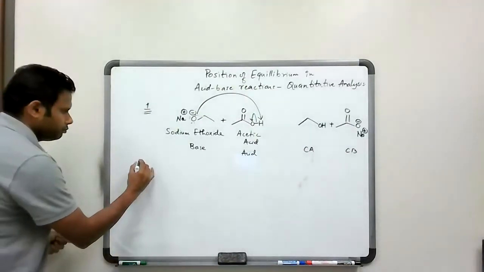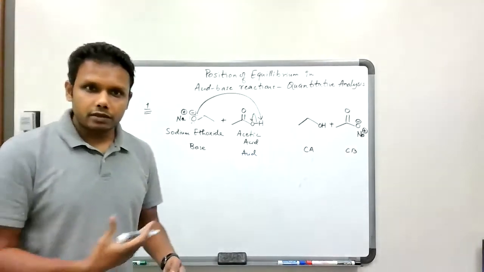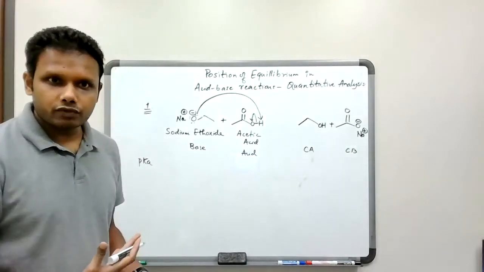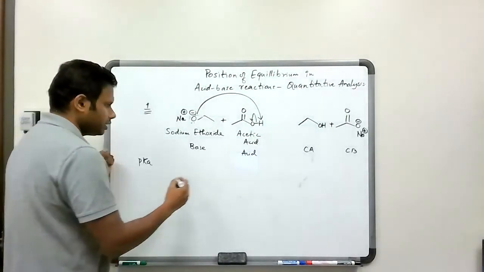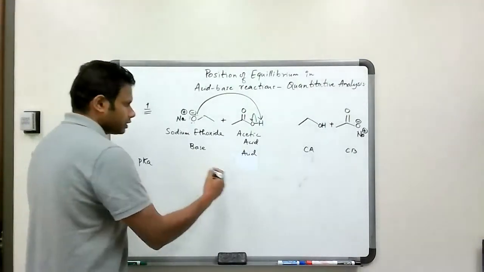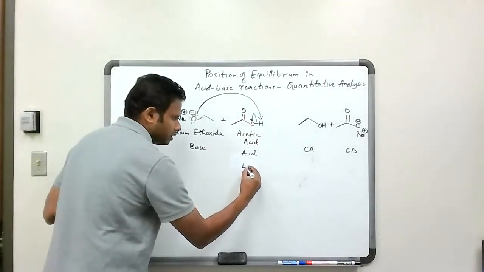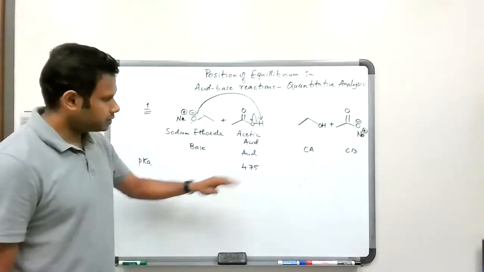Now, pKa values will be provided in an example or in a question for a problem like this. pKa values apply to acids. So you look at the acid on the reactant side, and its pKa value is around 4.75.